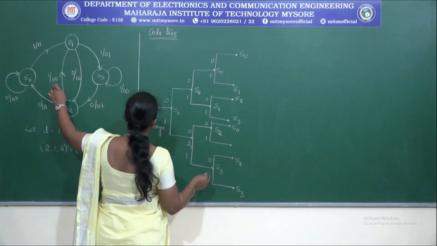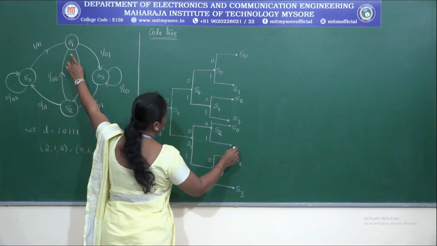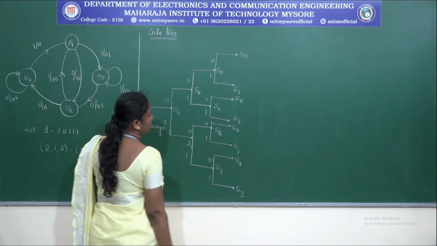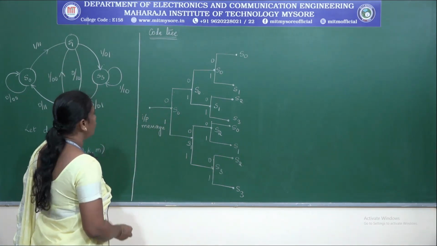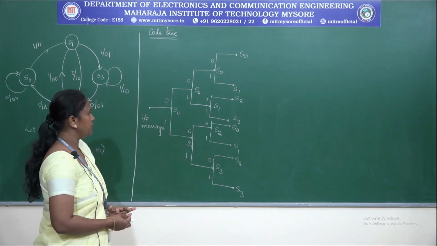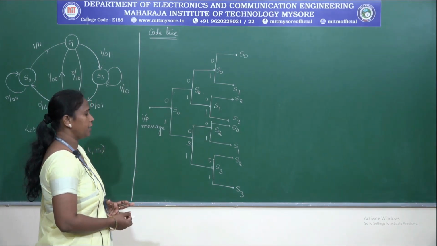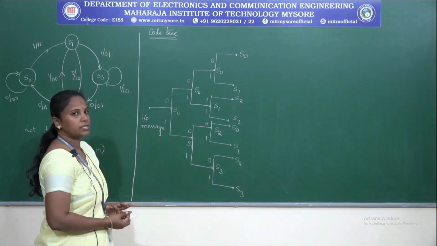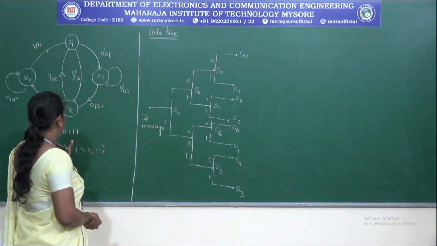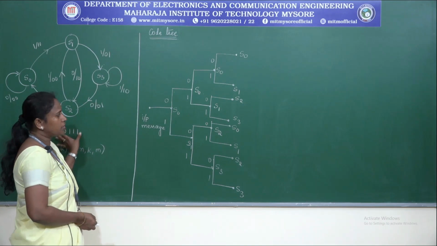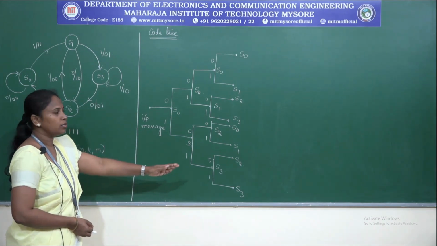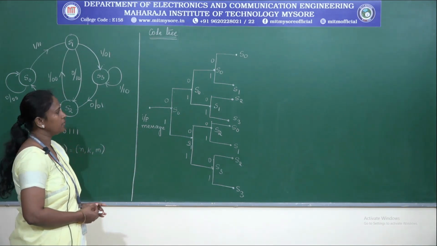If the input is 1, then it is going to make a transition to S1. Now, we need to perform this kind of division of the states until all the message inputs are traversed through your code tree.